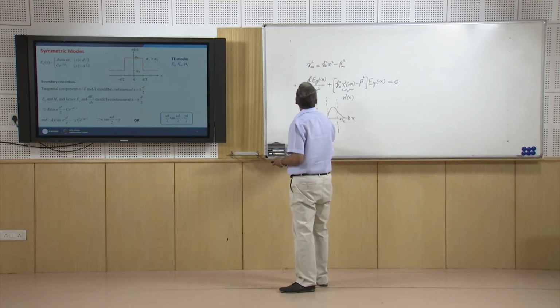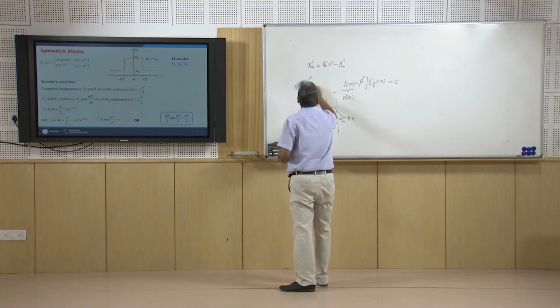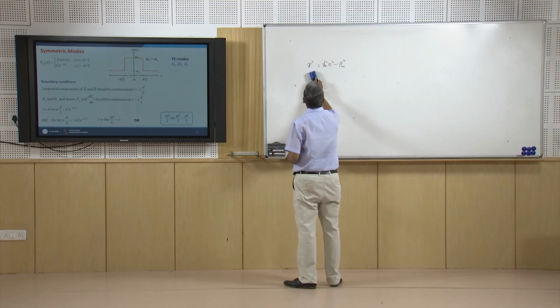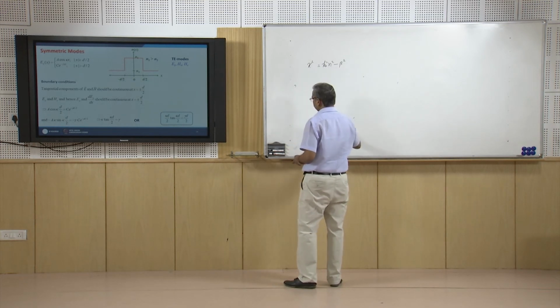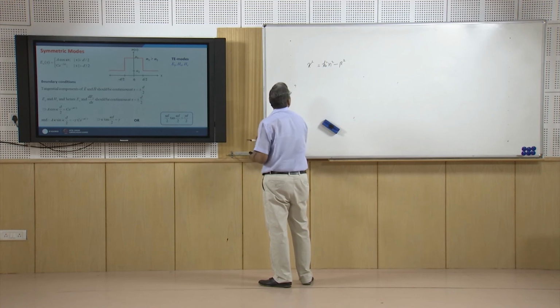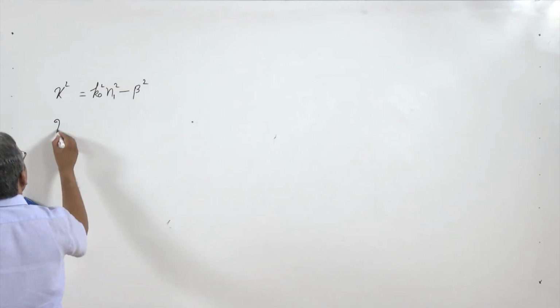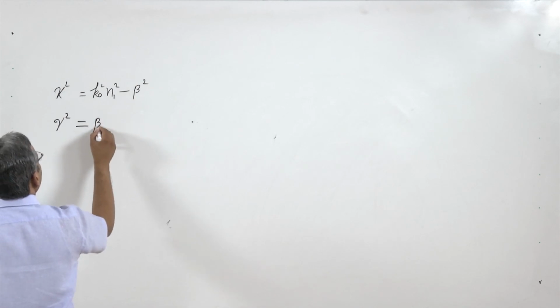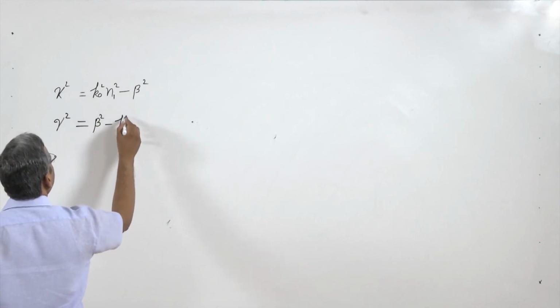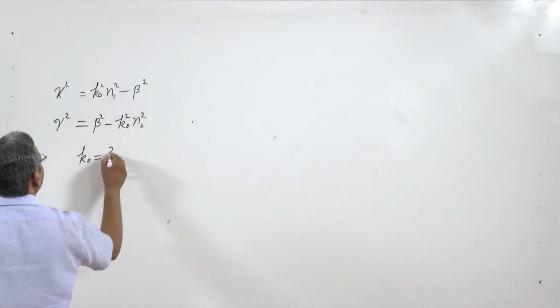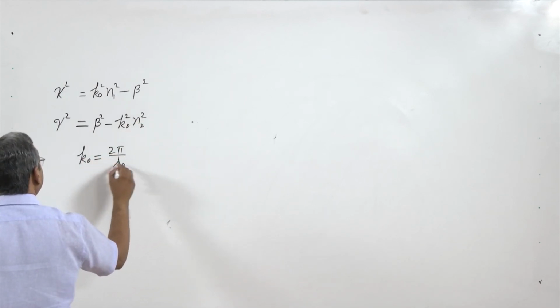What is kappa and what is gamma? You remember that kappa square is equal to k naught square n1 square minus beta square, and gamma square is beta square minus k naught square n2 square. k naught is equal to 2 pi over lambda naught.